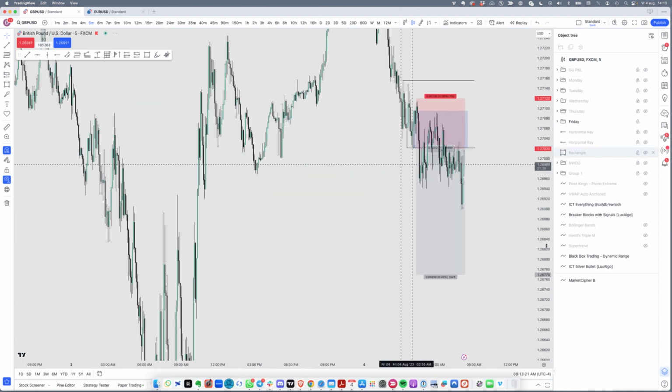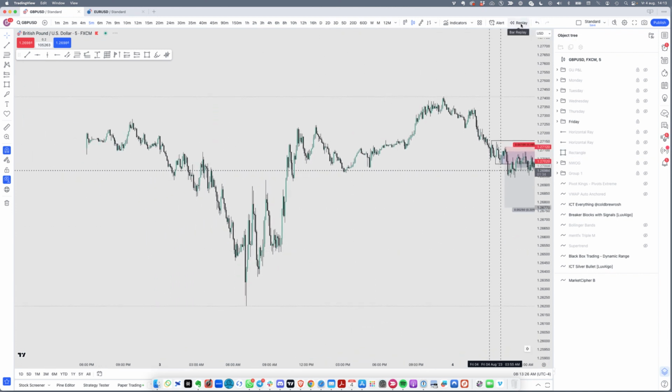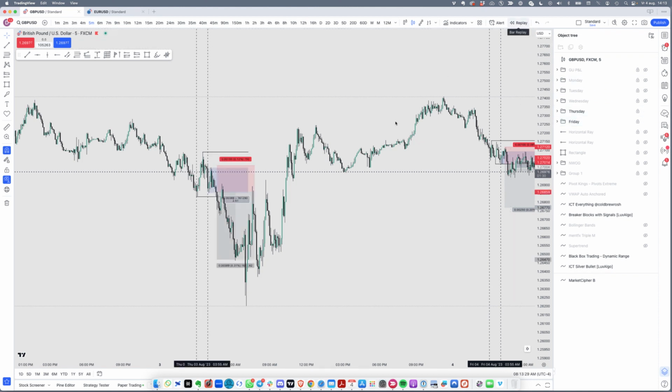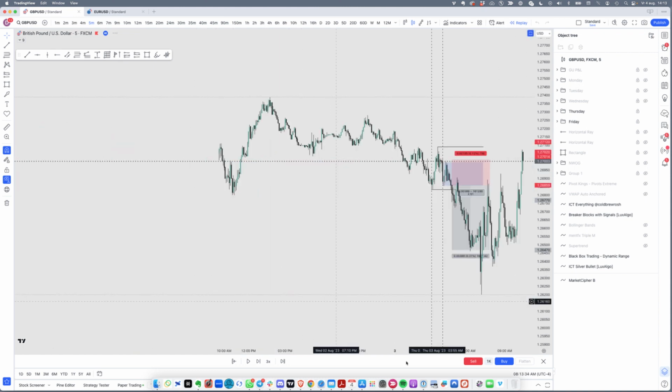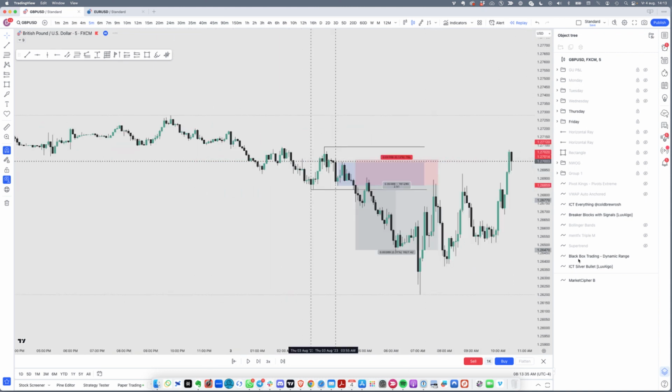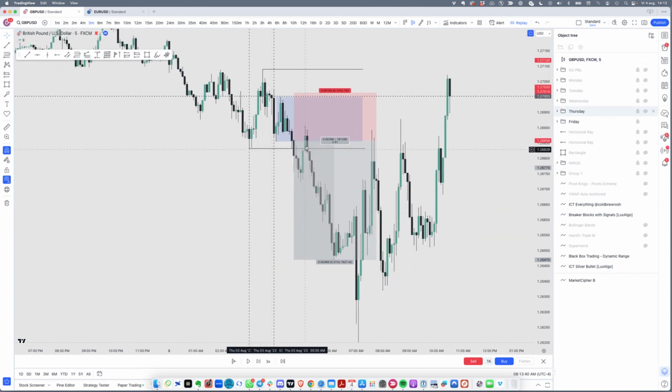And we go to Thursday, and let me use the replay because that's a little bit easier when I switch time frames. So if we do it like that on Thursday, so yesterday, we had this trade.